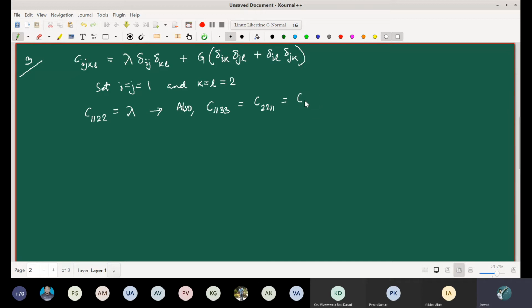Many other choices like this, 3 3 2 2. As long as the first two are the same and the second two are the same and they are different, it works. And so on. We have other choices also.